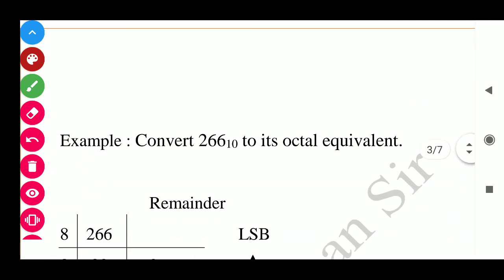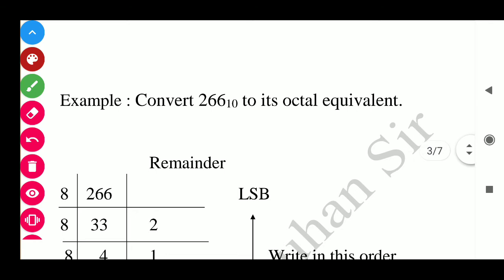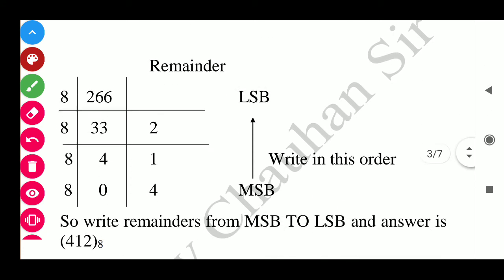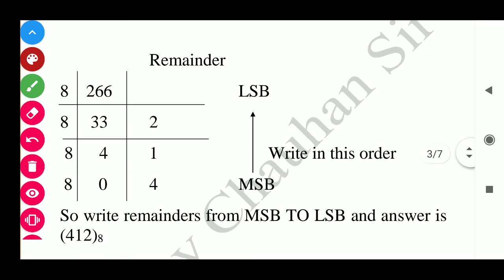One another example, convert 266 base 10 to its octal equivalent. Now see, if you divide 266 by 8, your quotient will be 33 and the remainder will be 2.